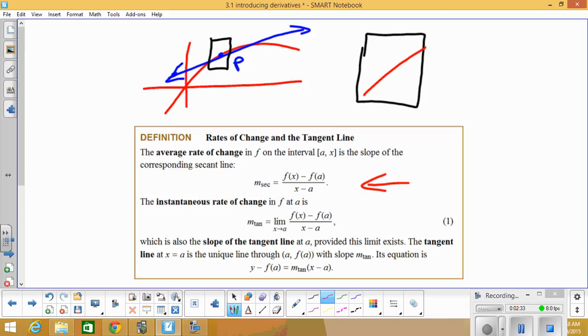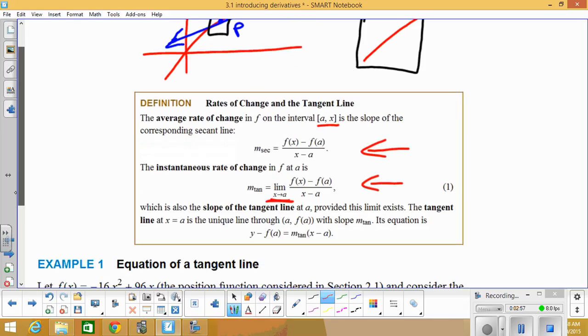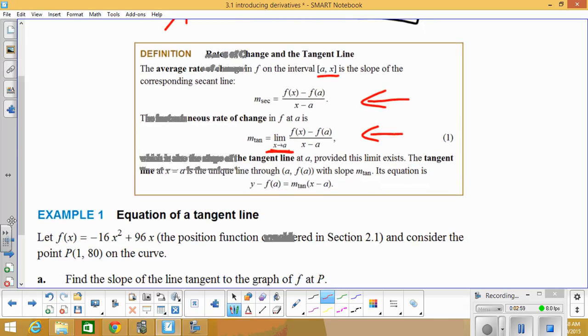Notice on the interval from A to X, we just have 2 points and we use the slope formula. For the instantaneous rate of change of f at A, we're still using it, but we want to use the tangent line. So we're trying to approach that A value, so we're taking the limit of this slope, saying we're approaching the tangent line.